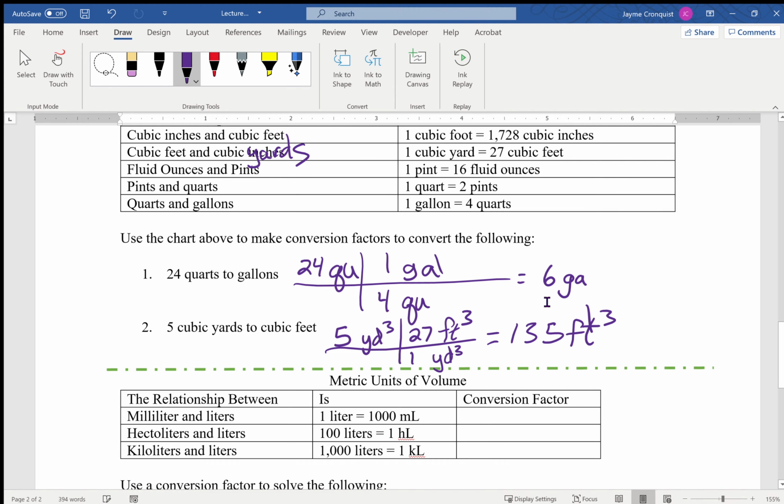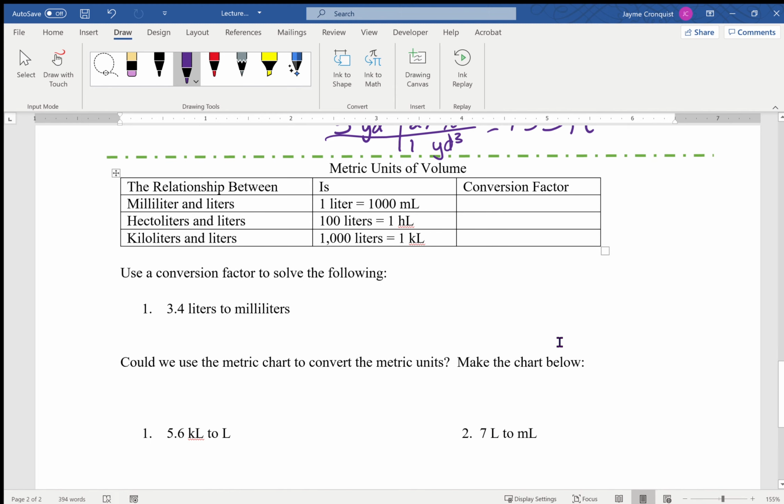All right, now we're going to look at metric units of volumes. This is where we get into liters, milliliters, and all that. Now again, their prefixes are the same. So, 1 liter is 1,000 milliliters. So we have 3.4 liters.